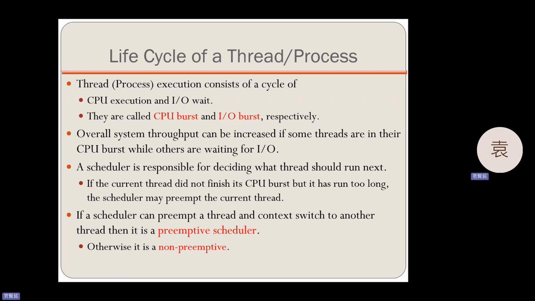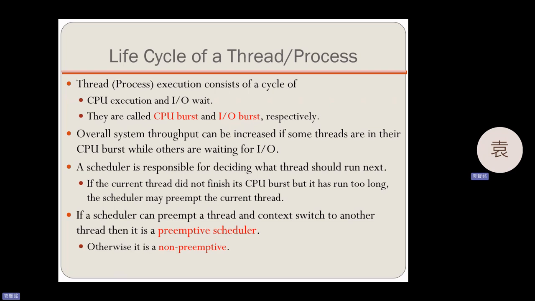If the current thread did not finish its CPU burst but has already run too long, then sometimes, for reasons of fairness or to avoid infinite loops or abnormal behavior of a process, most modern operating systems allow the scheduler to preempt the running thread.